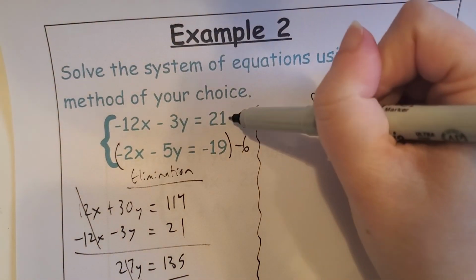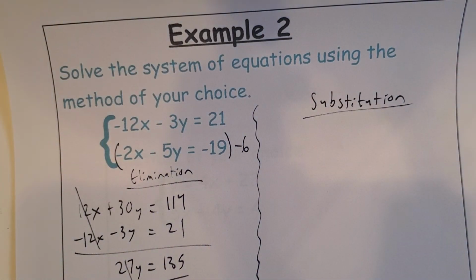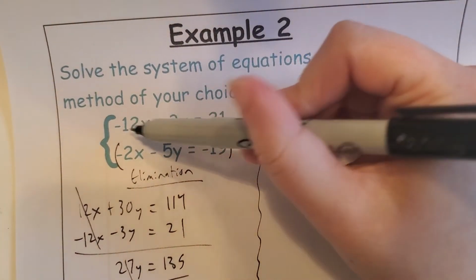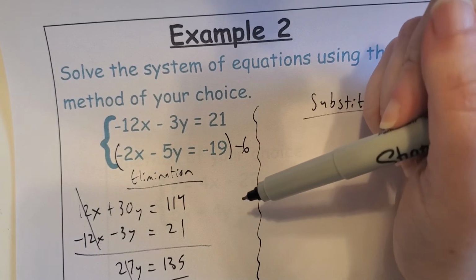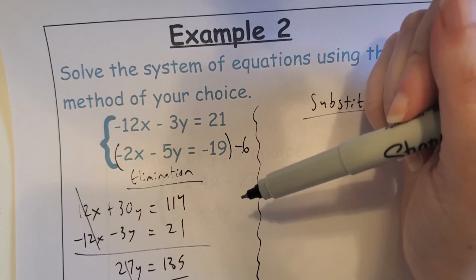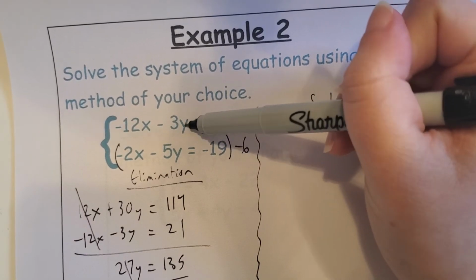So I'm looking at the first one this time, right? Kind of like I was saying earlier, I thought a little bit ahead about would substitution make sense? Would it get us any weird numbers? And what's interesting about all 3 numbers in the first equation is that they're all divisible by 3, which actually happens to be the coefficient for y here.